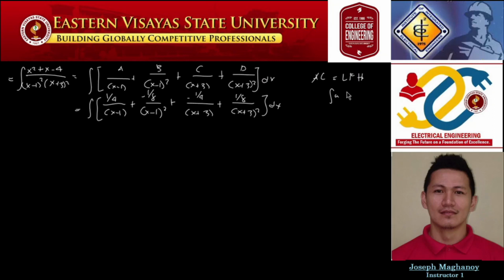The integral of du over u, that is ln u plus c. How about for your B and D? You can use your power formula since it involves powers. So you can integral of u raised to n du, that is u to the n plus 1 over n plus 1 plus c.